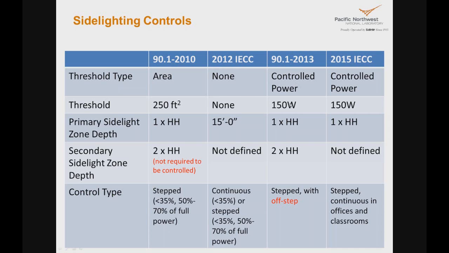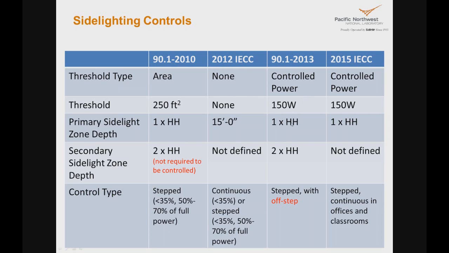What that means is that if you have more than 150 watts in your daylight zone, then you're required to put in controls. So this requirement was not present, or it was differently specified in 2010. In 2010, if the daylight zone itself was 250 square feet, you were required to put in controls.